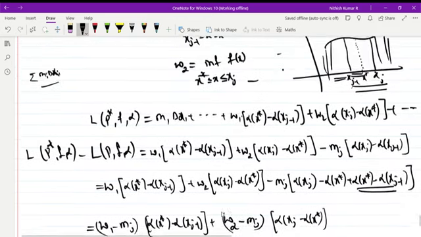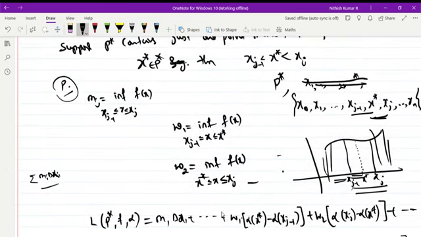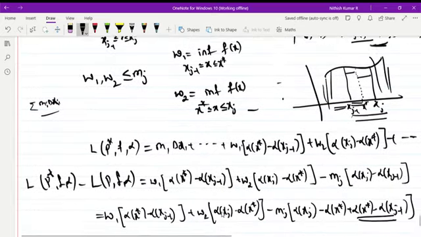Now observe from here, Mj is the smallest value in this interval, and w1 is the smallest value in this interval, and w2 is the smallest value in this interval. So by observing this we can say w1 and w2 are always less than or equal to Mj.